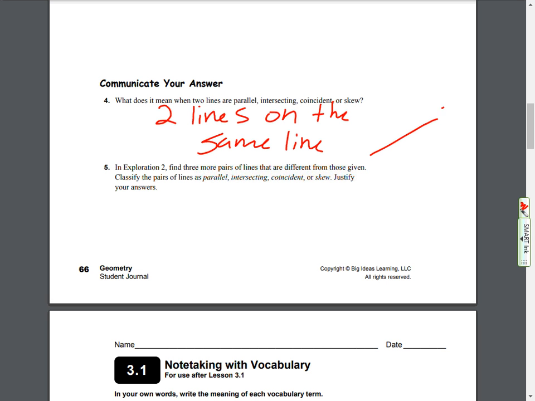Okay, so if I have my line here, and my other line in green on that same line. Okay, those are coincident lines. There's two lines on the same line. Okay, and I will define skew a little bit lower.